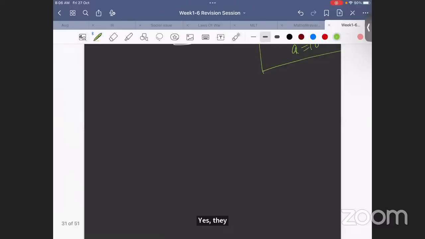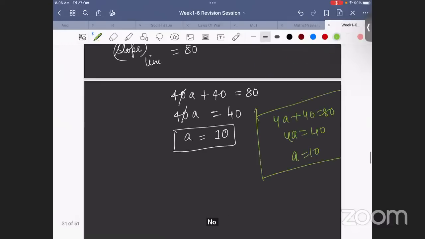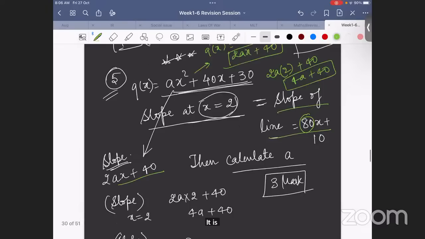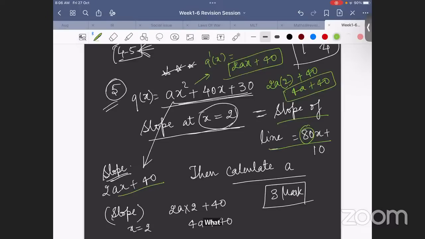Where will we get this PDF? From where we will get this PDF?